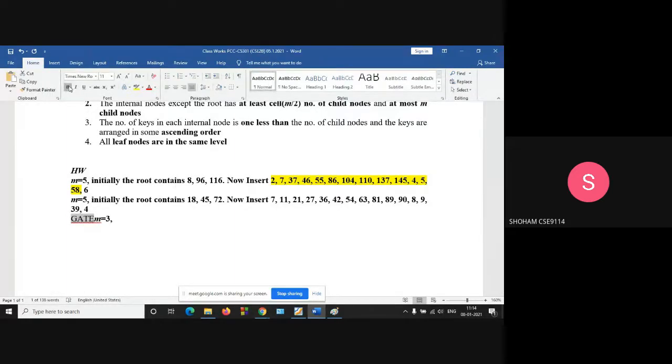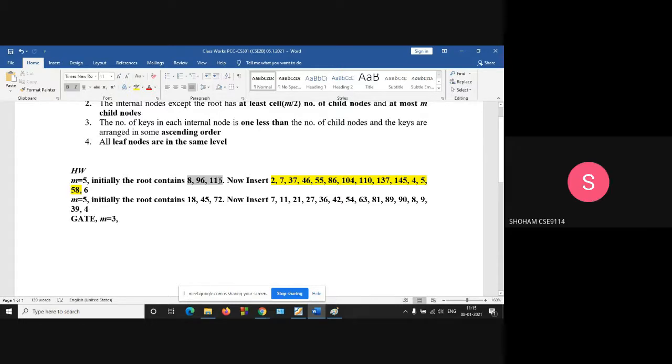Excuse me, sir. Yes. Sir, I have a doubt that in the first homework question where the roots were initialized, why can't we insert 2 in the first position of the root and shift all the elements to the right side, then find the median and shift it upward? The root contains initially 8, 96 and 116.